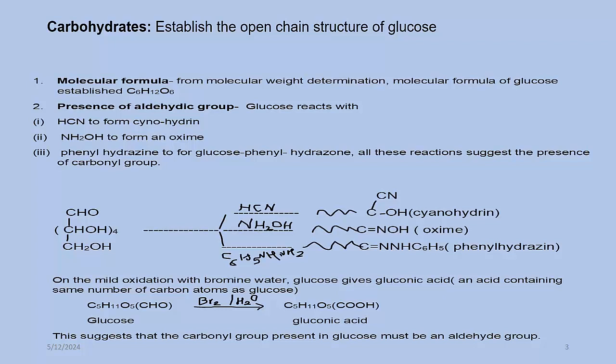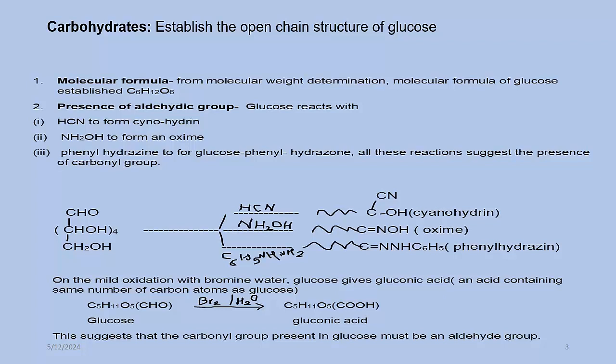All these reactions, reactions 1, 2, 3, suggest the presence of a carbonyl group in glucose. Short reactions are given here: glucose is first treated with HCN, then NH2OH, then phenylhydrazine, and you can see the reactions of them.